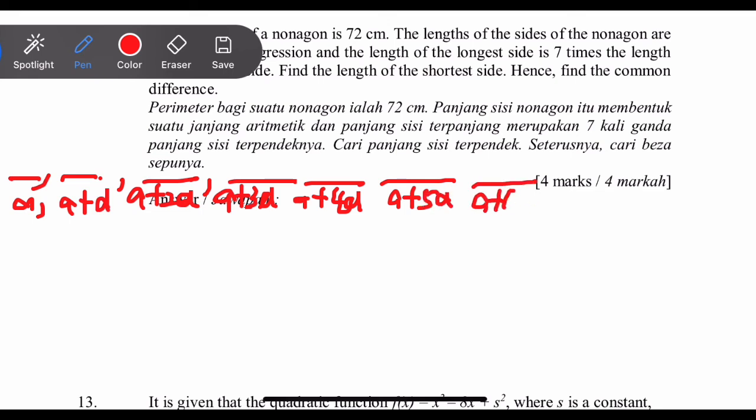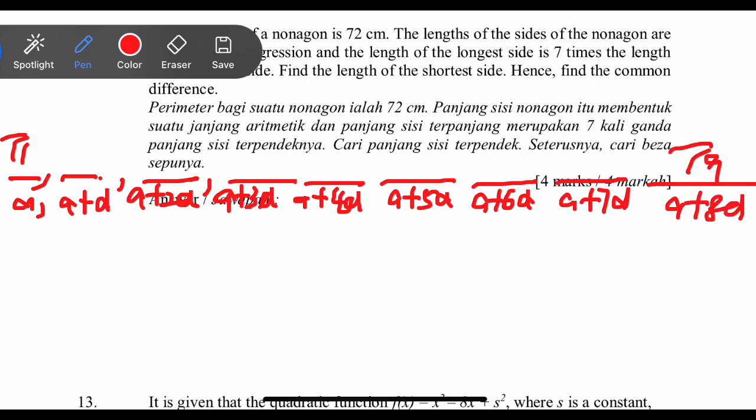So we need to list out all the sides in terms of arithmetic progression. The first term is a, second term is a plus d, a plus 2d, with a common difference of d. So the ninth term will be a plus 8d, right? This is a formula.